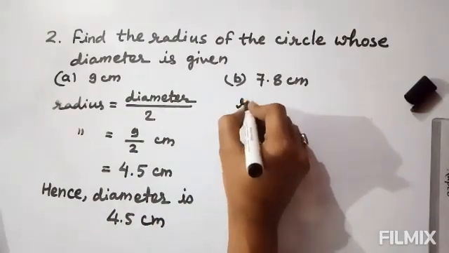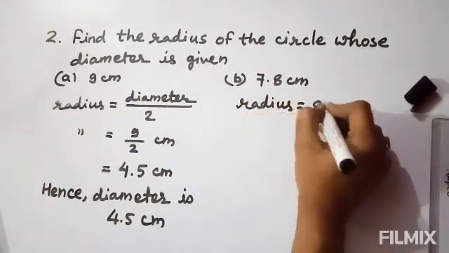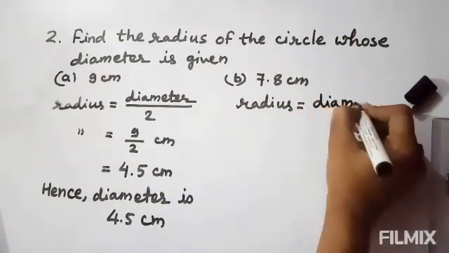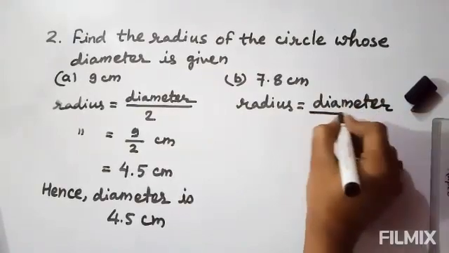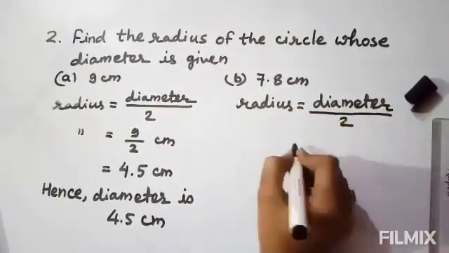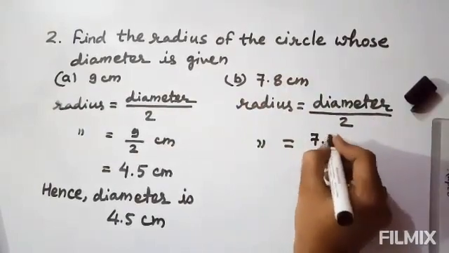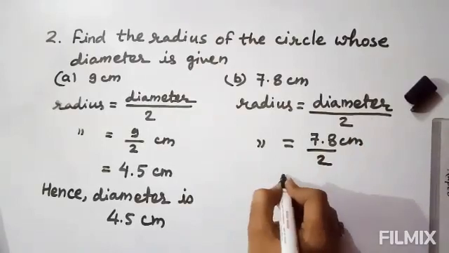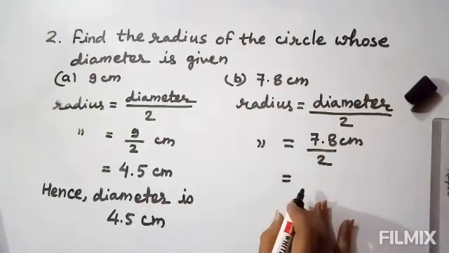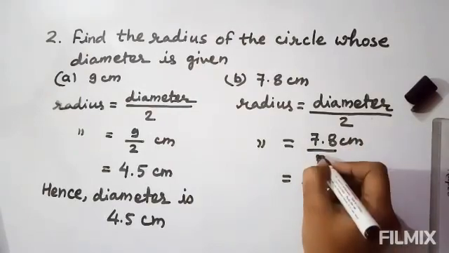We will do this one also in the same manner. Let's do this. Radius is equal to diameter divided by, or we can write upon, 2. Now put the value of the diameter given, 7.8 cm, and divide by 2. What quotient will we get? 2 3s are 6. 1 will be remainder.